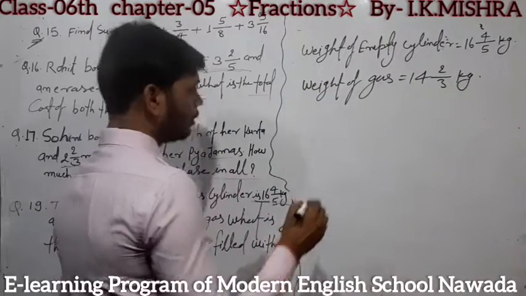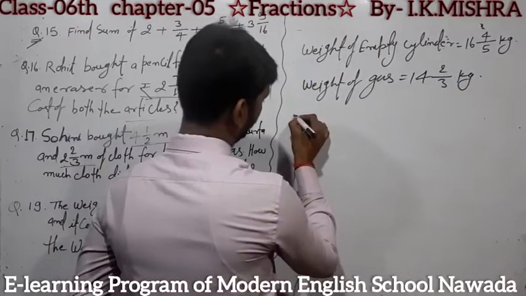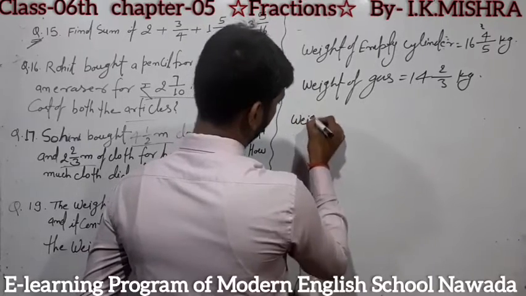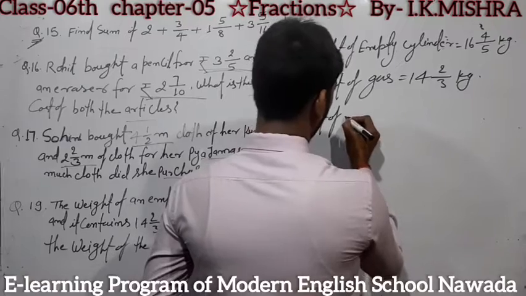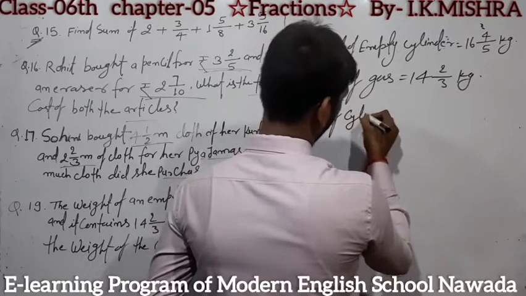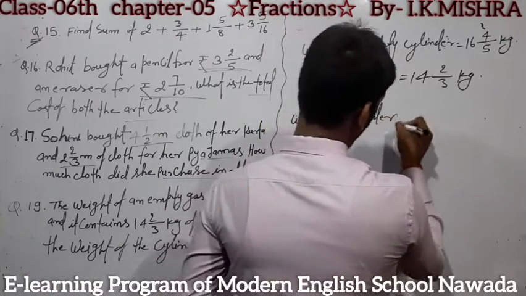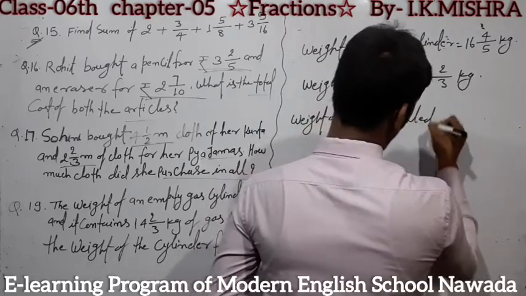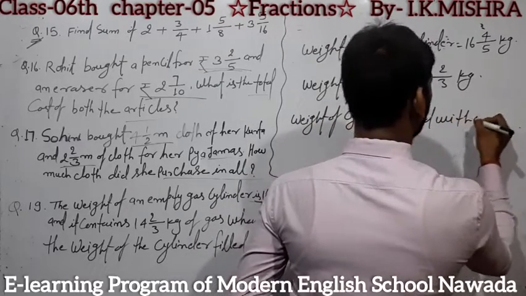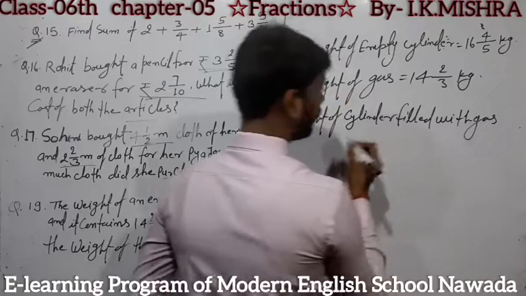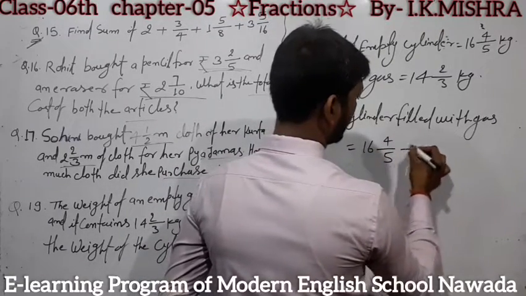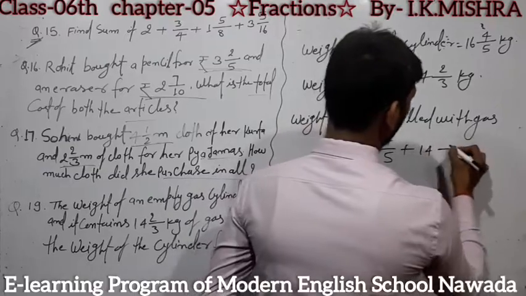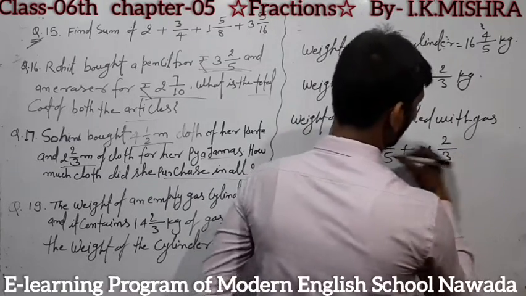So weight of cylinder filled with gas is equal to 16 whole 4 upon 5 plus 14 whole 2 by 3.